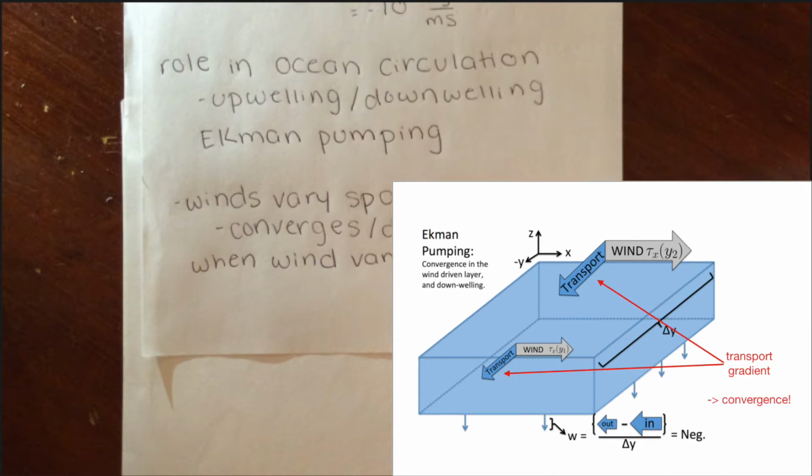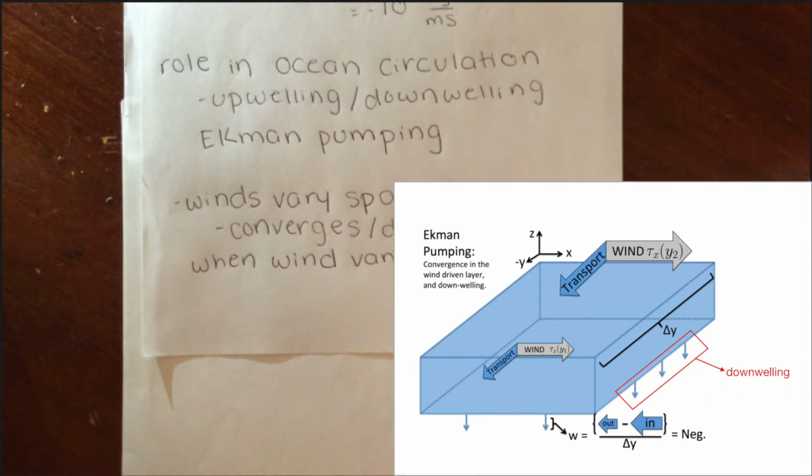This will cause waters to converge within the Ekman layer, and this will drive downwelling below the Ekman layer. We can think of our w, our vertical velocity, as the gradient in transport. Our transport out, m1, minus transport in, m2, will be negative, giving us a negative w, or downwelling velocities.